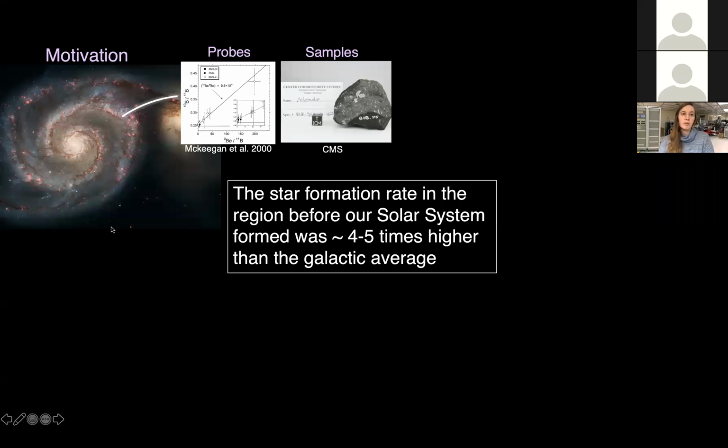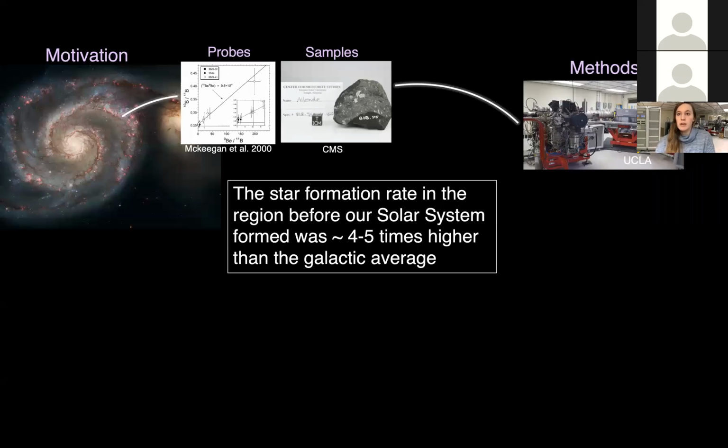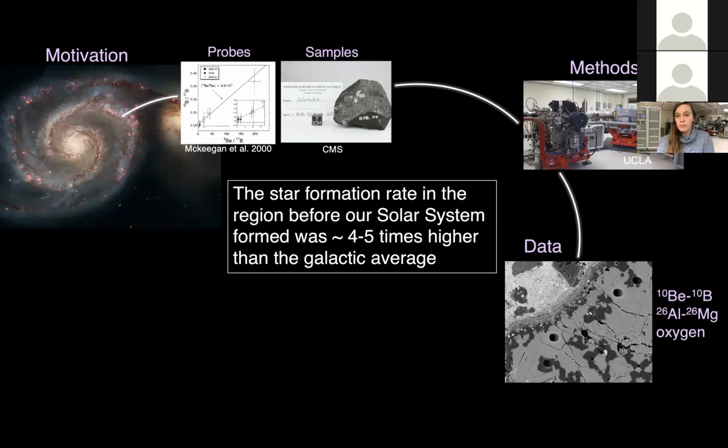So first, the motivation is to learn about the environment in which the solar system formed. To do that, I'm using isotopic probes in meteorite samples. And the methods I used were mass spectrometry. So I gathered a number of meteorite samples and took them to the mass spectrometer and measured them for multiple isotope systems listed down here.